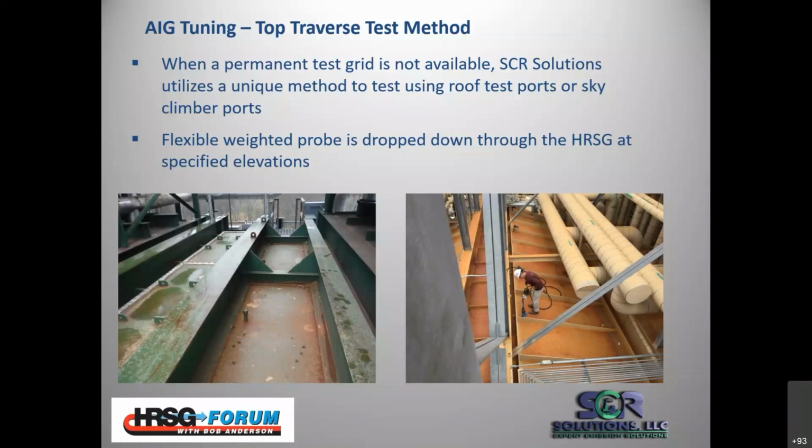You're basically dropping a weighted test probe down through ports on the roof of the HRSG. Here on the left, they're sky climber ports, which are almost always installed around the catalyst because of access to get in there with a sky climber and clean the catalyst, or initially load it or replace it.